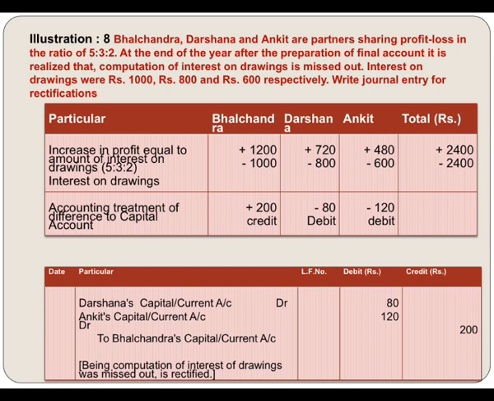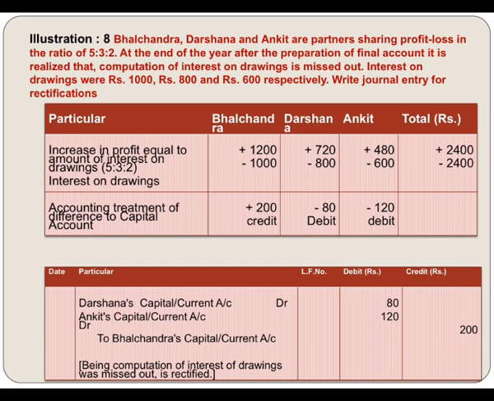Here 1000 plus 800 plus 600, so 2400 is the total amount of drawings, and that much amount is increased in profit. That amount is distributed in the profit and loss ratio 5:3:2, and then subtract drawings. If it is plus then credit, and if it is minus then we have to debit.